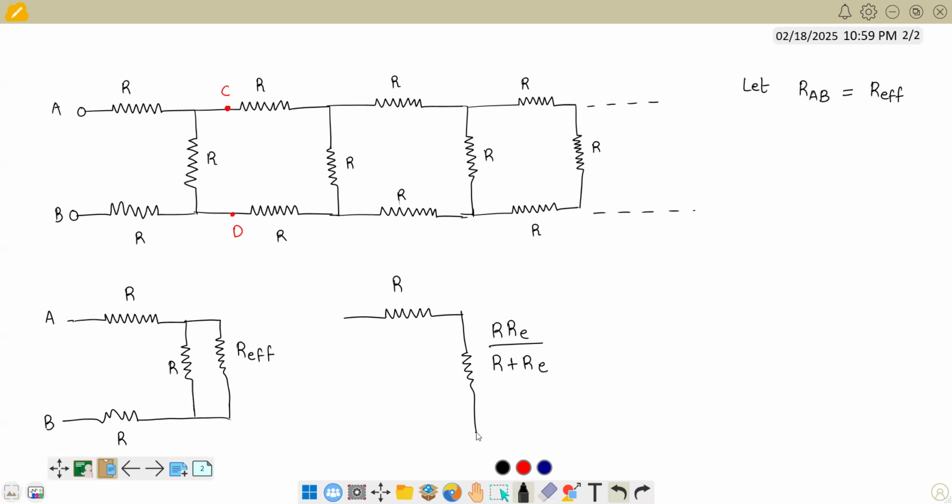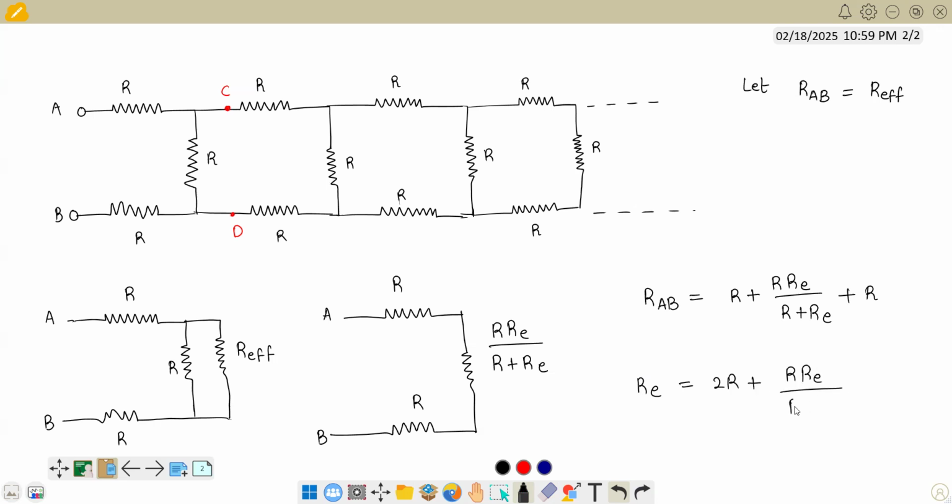And here we will have R. Now the effective resistance RAB is, these three are in series, R plus R into RE divided by R plus RE, plus R. We assumed RAB itself as RE. So we can write this as RE equals 2R plus R RE by R plus RE.